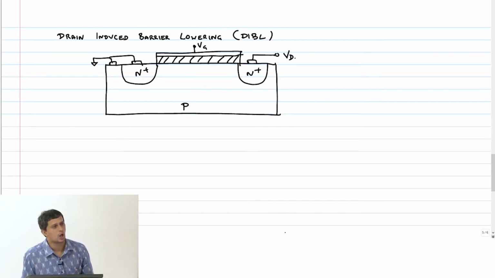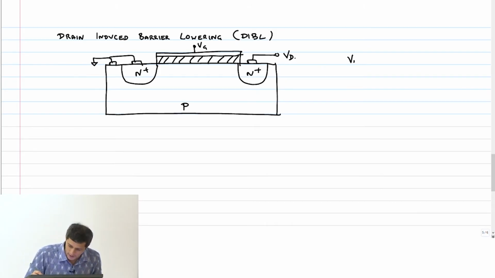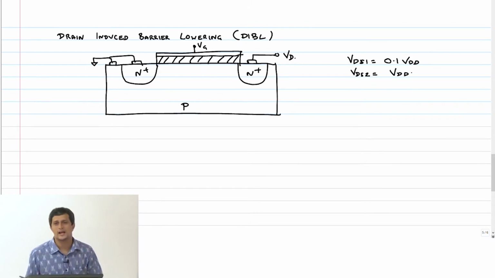So in a long channel device, if I changed my drain voltage from say 50 millivolt or 0.1 VDD to VDD, let's say there is a technology where there is some VDD given to you. If VDS1 equals 0.1 VDD and VDS2 equals VDD, and then I find out what the threshold voltage of this transistor is. And how do I find out what the threshold voltage is?